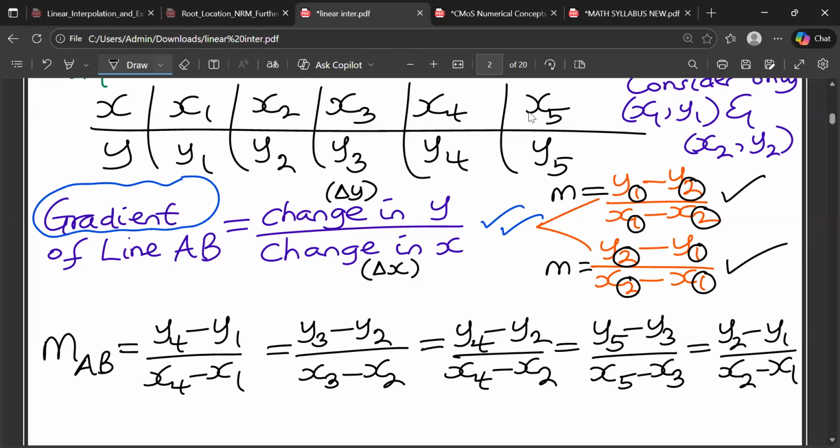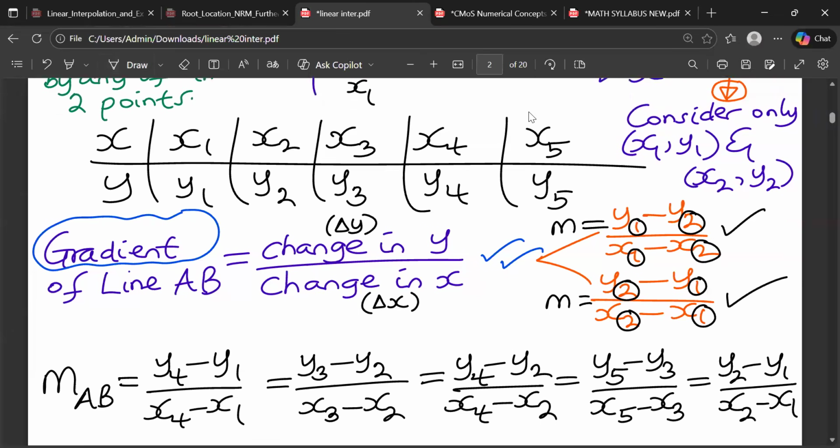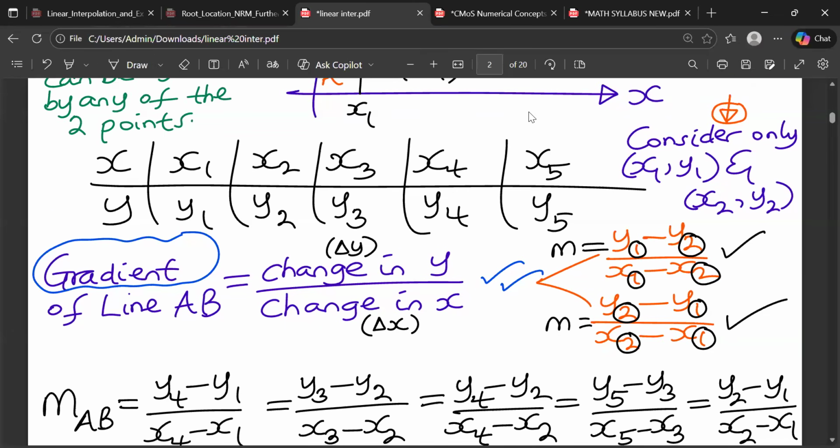So realize we are using 5 minus 4, 4 minus 3, 3 minus 2, like that. So according to what you guys are saying, which direction are we following? Because in this topic of linear interpolation, the direction you're following matters.